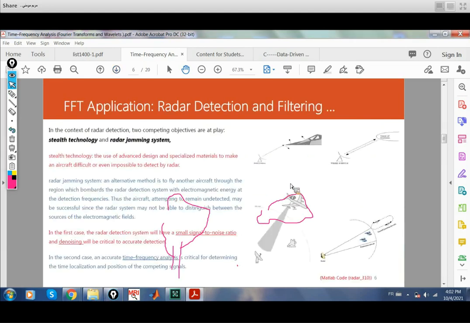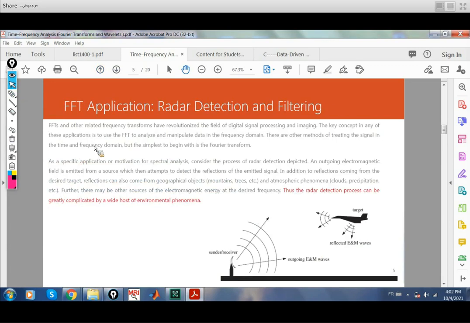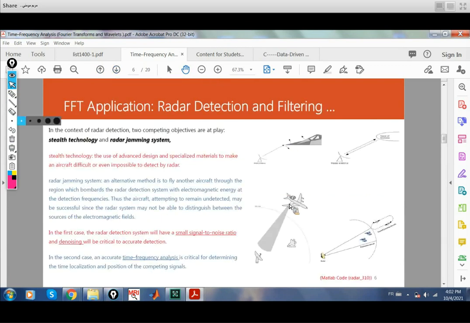Okay? And from this simple system, we can set other examples. For example, stealth technology, or a radar jamming system. Sometimes, attention to the above images.